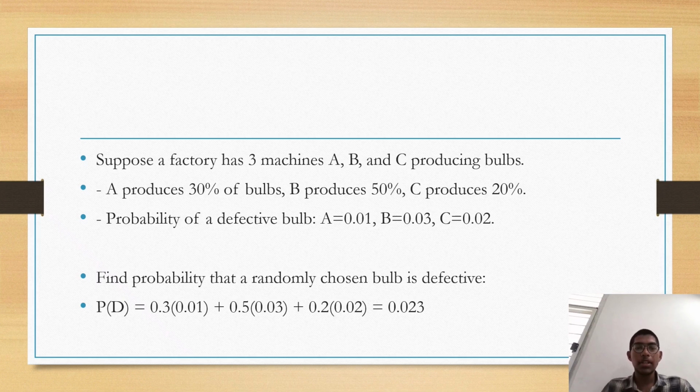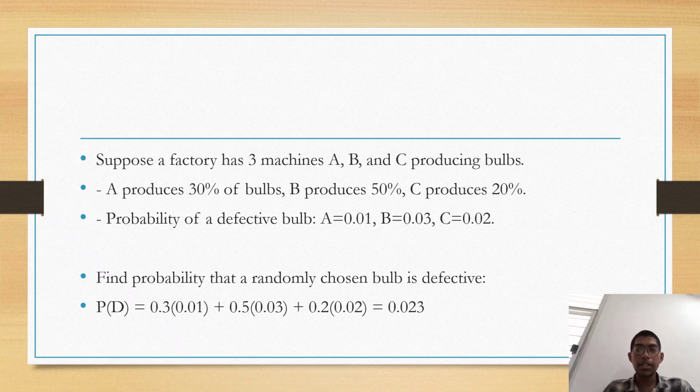Find the probability that a randomly chosen bulb is defective. Then we have the formula that we discussed in the last slide: P of D equals 0.3 into 0.01 plus 0.5 into 0.03 plus 0.2 into 0.02 equals 0.023.